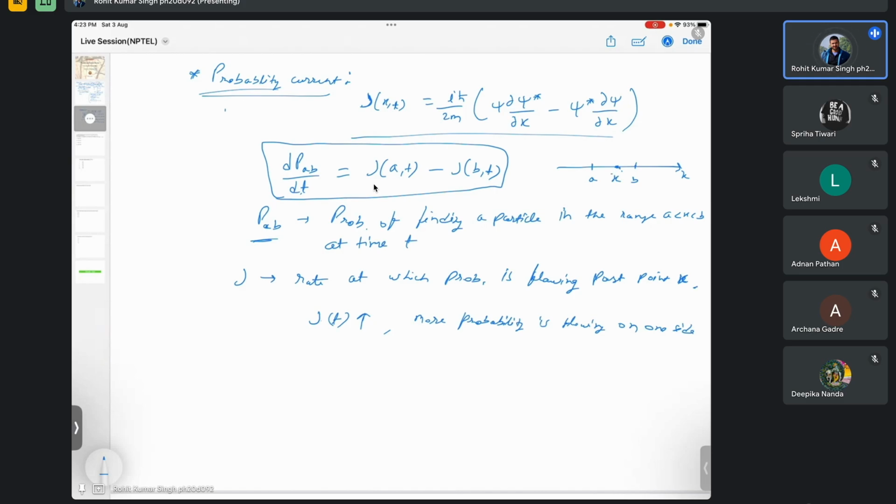If this comes out to be increasing, then the probability of finding the particle is flowing to this side. That is the physical interpretation of this probability current. And if it is constant, then the probability of finding the particle is constant everywhere. So this was the basic concept. I hope now it is clear for everyone.